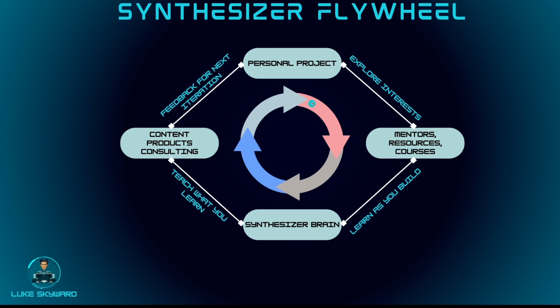And then this basically creates a flywheel where we just repeat those steps over and over again. The next projects will be making the current projects better, and this opens up more possibilities for monetization, for doing more meaningful things, right? So this is why this is a flywheel.